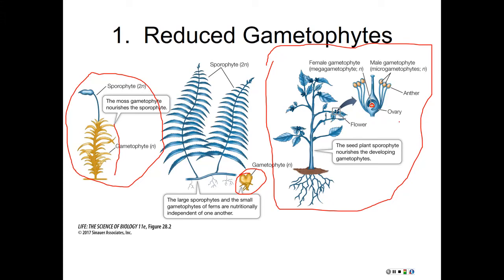And this is actually pretty advantageous because it protects the gametophyte from environmental stress, such as UV radiation or desiccation, and it enables the gametophyte to get nutrition from the sporophyte. Now, our gametophytes are going to be making the gametes, so they're really, really critical to the evolutionary success of the plant. So it makes sense that we want to protect them.